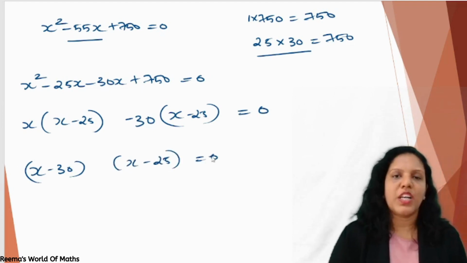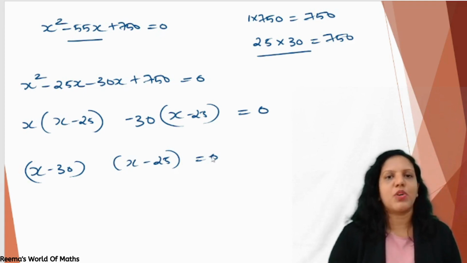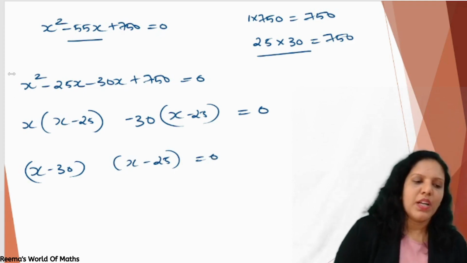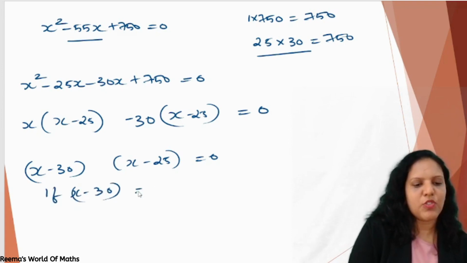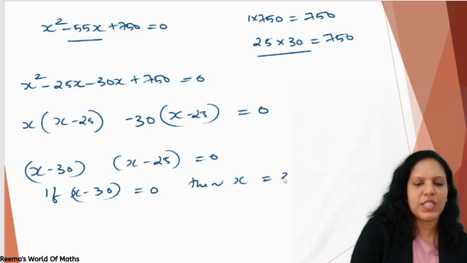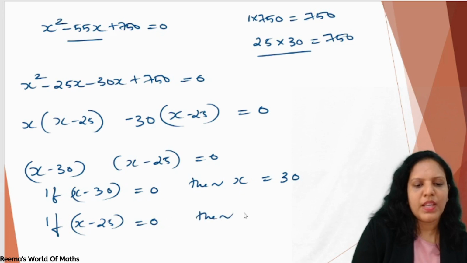So now we have converted the quadratic equation into a product of two linear factors. Now if x minus 30 is equal to 0, then x equals 30. Correct? Similarly, if x minus 25 is equal to 0, then x equals 25.